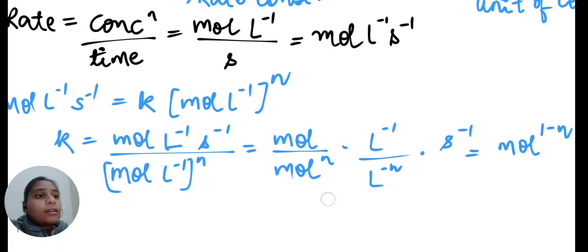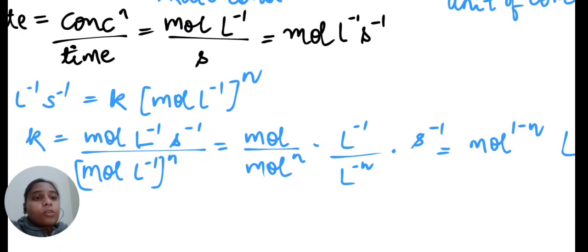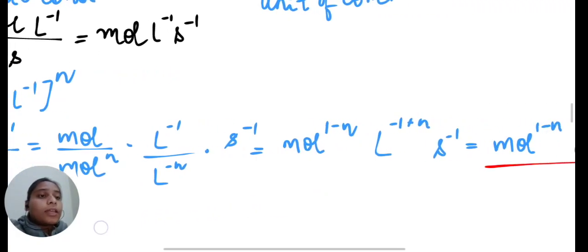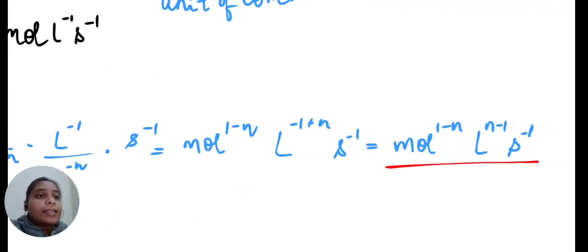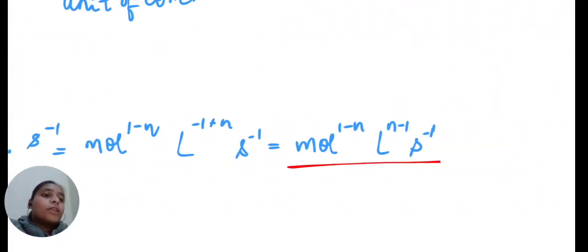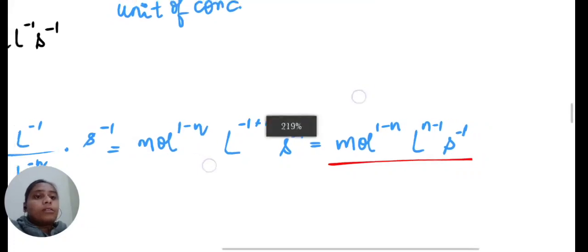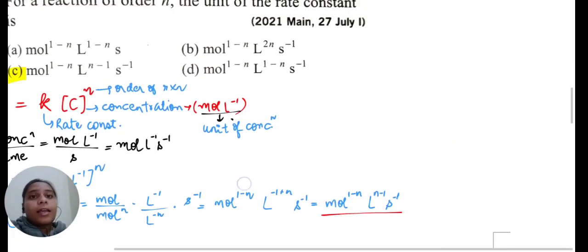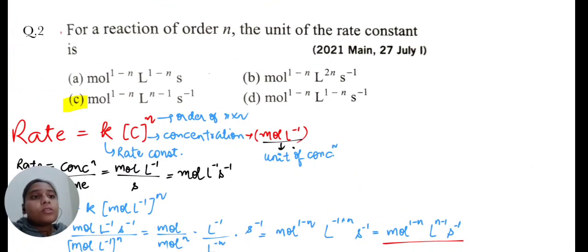As I have solved it, it goes like mole per liter per second upon mole per liter to the power n, and on solving we get the general equation for the unit of the rate constant. So, the option which matches is option number C.